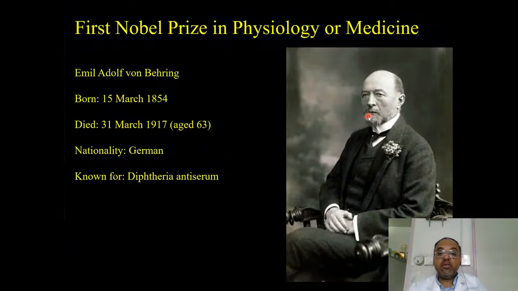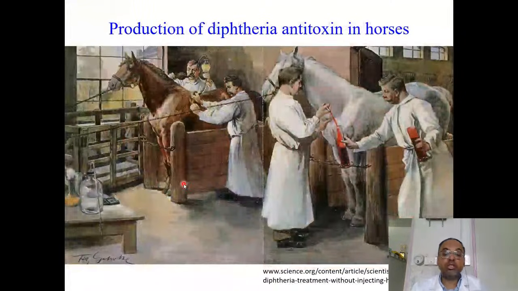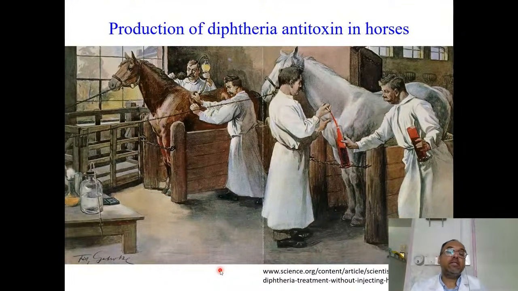So what Behring did was he produced an anti-serum for diphtheria. What is an anti-serum? It's a serum which contains antitoxins. It was later discovered that these are antibody molecules that can bind to the toxins and neutralize them. How did he generate that?